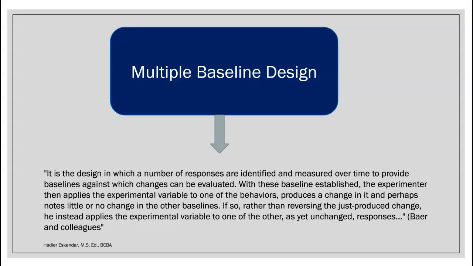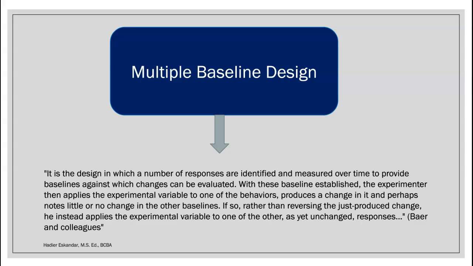If so, rather than reversing the just produced change, he instead applies the experimental variable to one of the other as yet unchanged responses. So this basically means that first you take baseline data on different behaviors or subjects or settings, and then once you see a stable baseline, you start introducing the first treatment, or the independent variable.